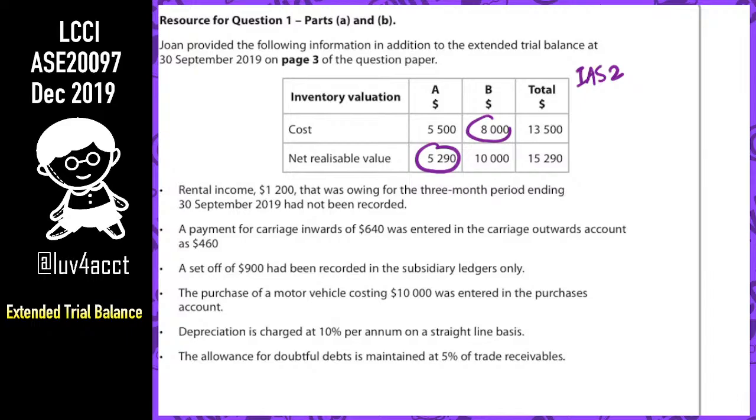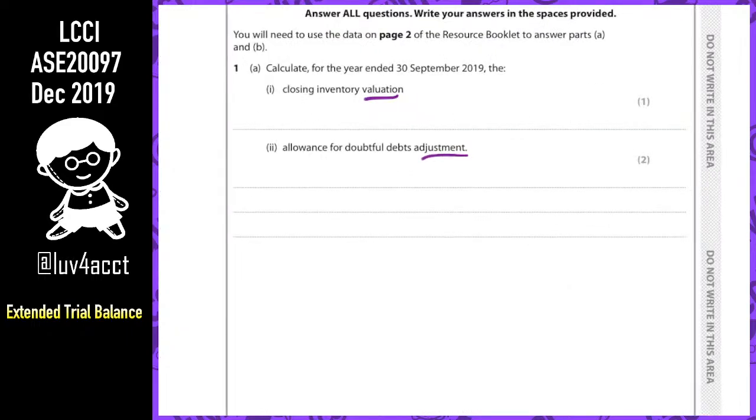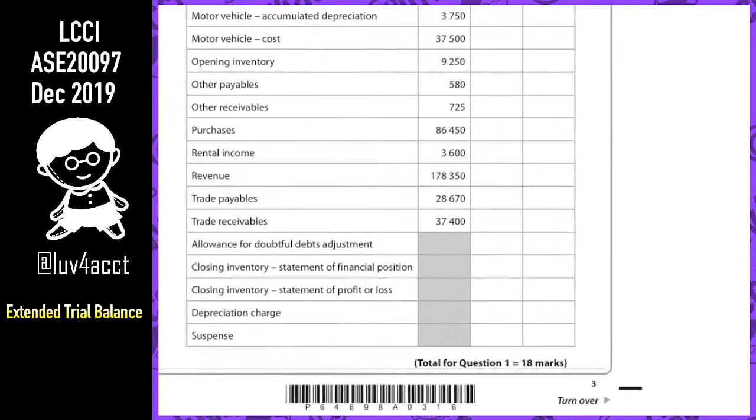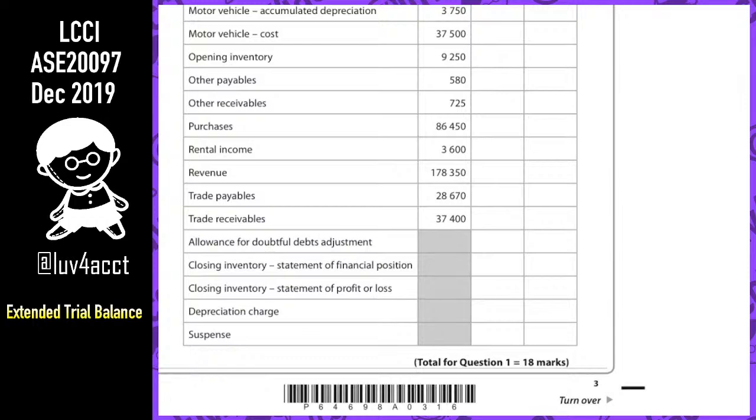So 5290 plus 8,000, so it will be 13290. This is the value of inventory. We can immediately update the extended trial balance. Closing inventory, statement of financial position, debit, because it is an asset, and for statement of profit or loss, credit, of course.